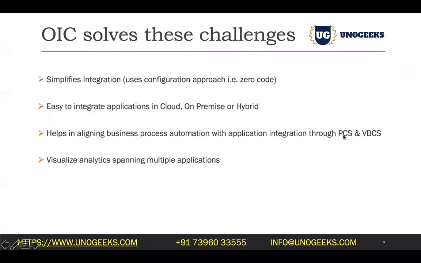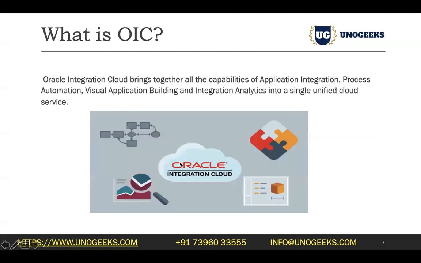And you have two additional cloud services called PCS and VBCS, which will help you build end-to-end integration flows or end-to-end solution flows, which are not that easy to achieve in other integration products. And you have the analytics point as well. That brings us to what is OIC. It is a single unified cloud service, which is made up of 4 key components.